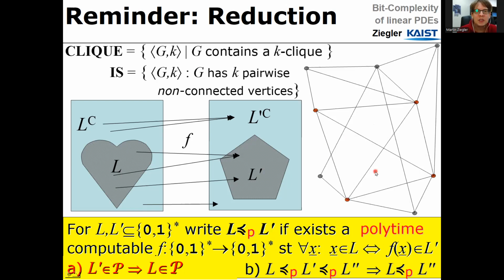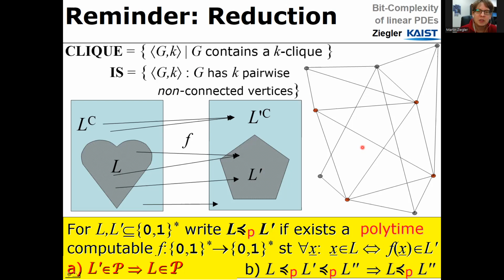Let's consider also a positive instance of clique. So this is again a graph on 9 vertices, and this graph contains 4 vertices that are pairwise connected, a complete graph of 4 vertices for clique, namely the red vertices are pairwise connected, they form a complete subgraph. And so the relation between these graphs, in this example, is that one is the complement of the other.